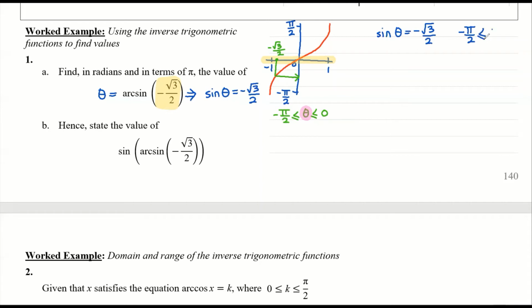It has to be between negative pi over 2 and pi over 2. Okay, because that's where the arcsine graph range is valid. Now, if we do that, we can find a principal angle.